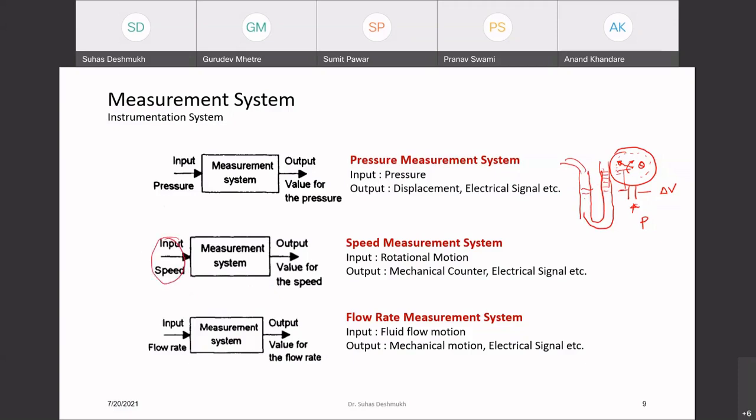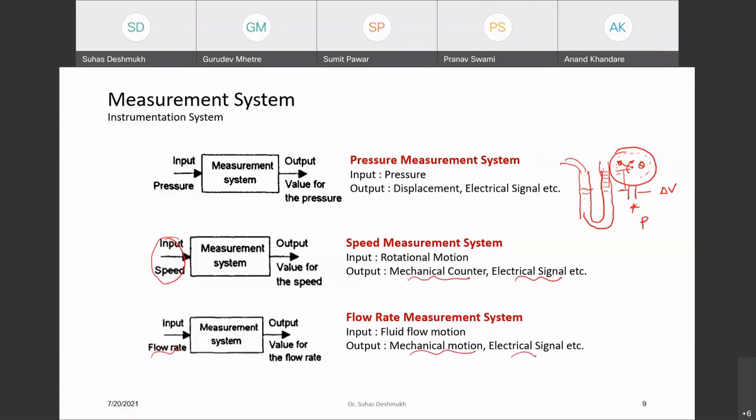If you look into speed measurement, the input is the change, that is the pulses of the signal or the speed, and the output will be a value. Maybe I can use a mechanical counter, or maybe an electrical signal. Also in the case of flow rate, I get the flow value as mechanical motion.